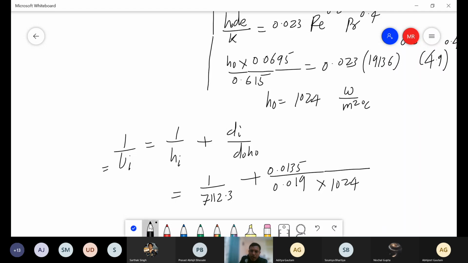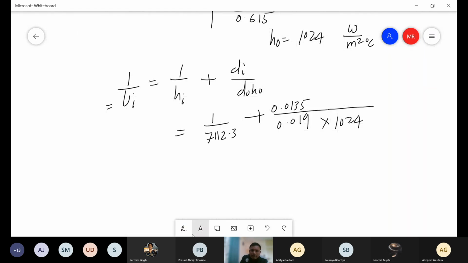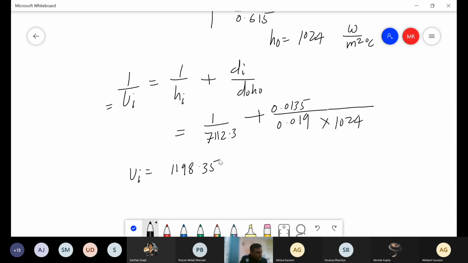So what is the value of UI? Anyone? Check whether this is correct.